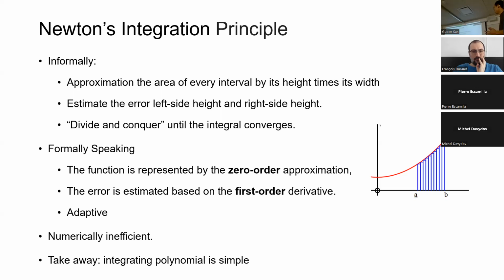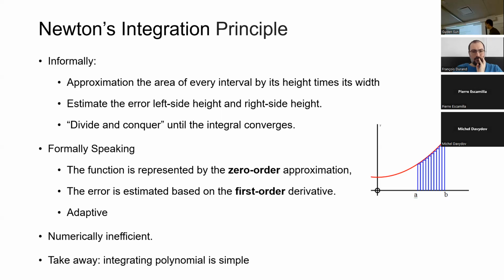Though you can use some smart algorithm to compute the exponential polynomials. But what Newton observed is that computing the area of these small rectangles is very efficient. It can be very quick.